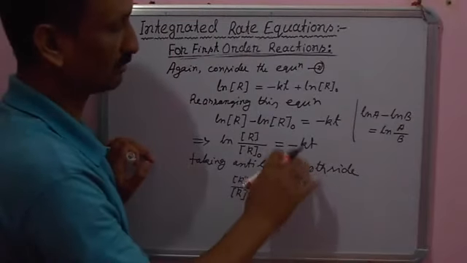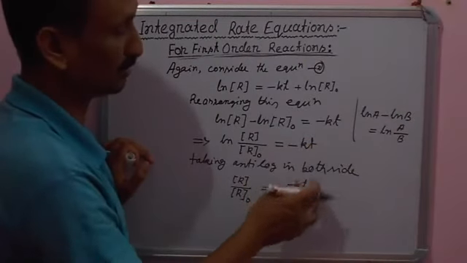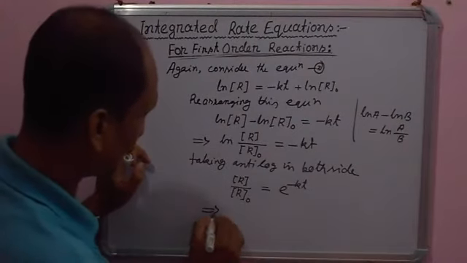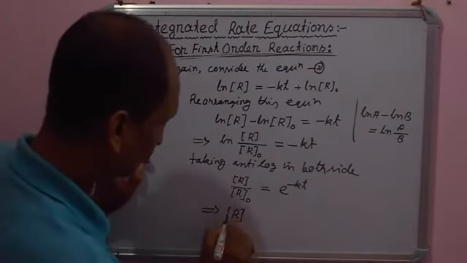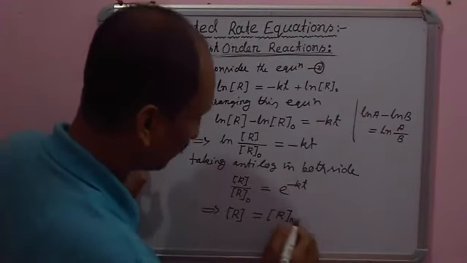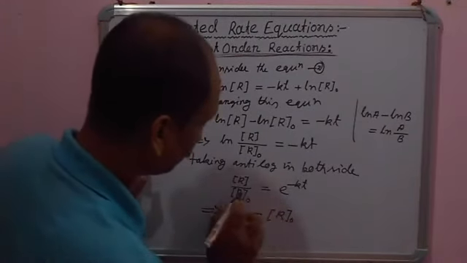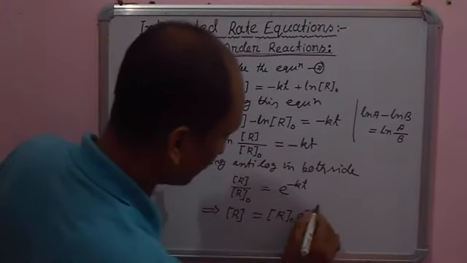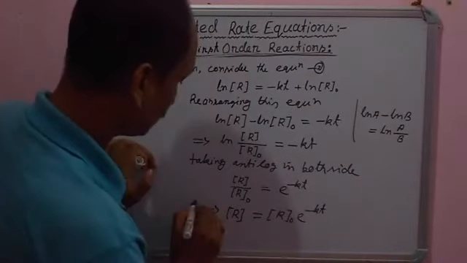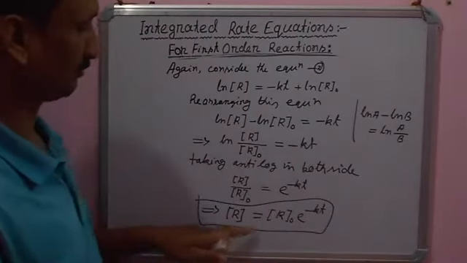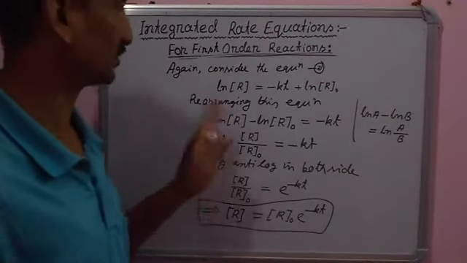Antilog of minus x is equal to e to the power minus x. Accordingly, we get the concentration of R equal to the concentration of R naught times e to the power minus kt. So this is another form of rate equation for the first order reaction.